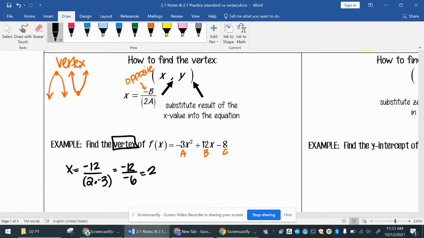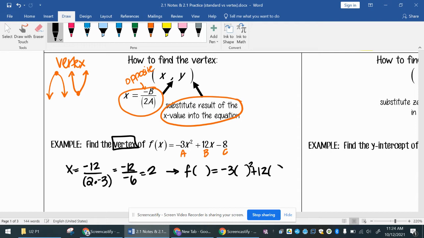And then you're going to substitute. You see how up here we did opposite of b over 2a. Now we're going to substitute the result of our x value into our equation. So instead of x, you're plugging in your value of 2. I'm using the function f of x equals negative 3x squared plus 12x minus 8, except I'm substituting my value of 2, which is what my x value is.